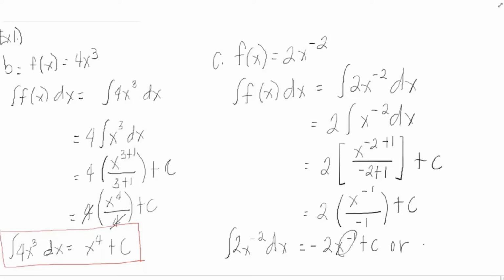So, our final answer can also look like negative 2 over x plus c. So, either of the two ang pwede nating maging final answer. Okay? So, ito yung final answers natin.